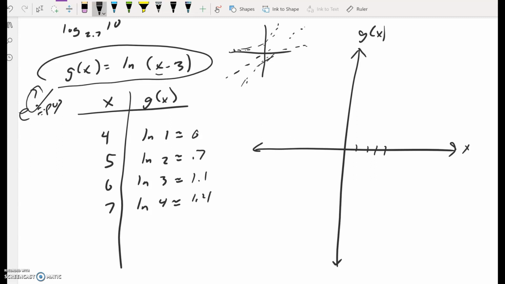So when x is 4, we're getting an output of 0. And when x is 5, we're getting an output of 0.7. And when x is 6, we're getting an output of 1.1. And when x is 7, we're getting an output of 1.4.